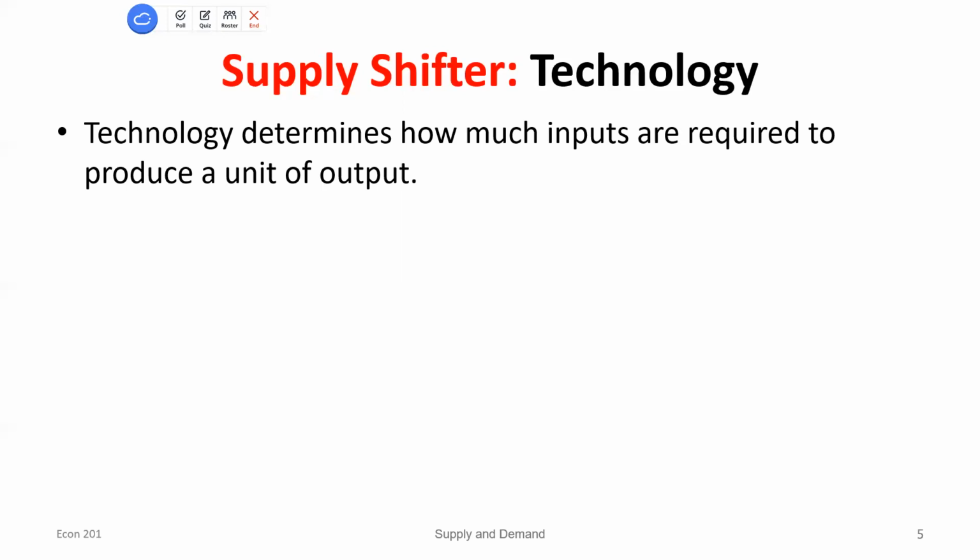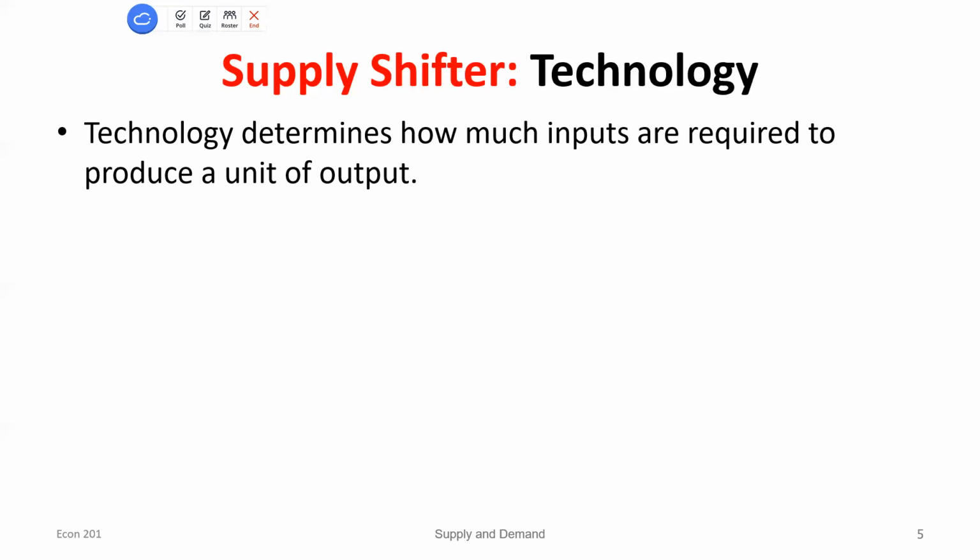Well, if we think about supply representing the marginal cost of producing these, and the technology makes it relatively cheaper, then at every given quantity, my marginal cost is now going to go down. So I'm going to see this rightward shift, or an increase in my supply curve.